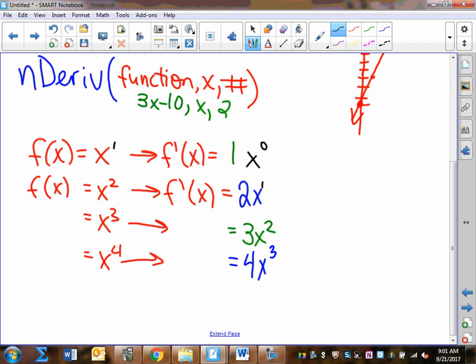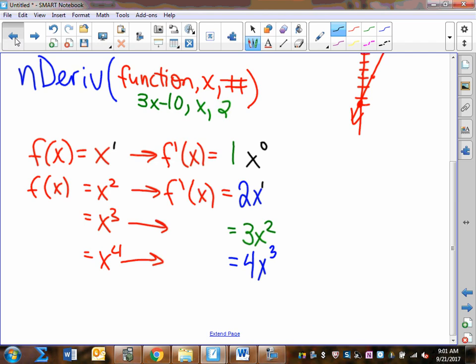Now, a little bit harder to see is perhaps this coefficient in front. I know some of you already know how this gets there, but look at the relationship between your original's exponent and your derivative's coefficient. Notice my original exponent was 2, my coefficient of the derivative is 2. Original exponent 3, coefficient is 3. Original 4, coefficient 4.